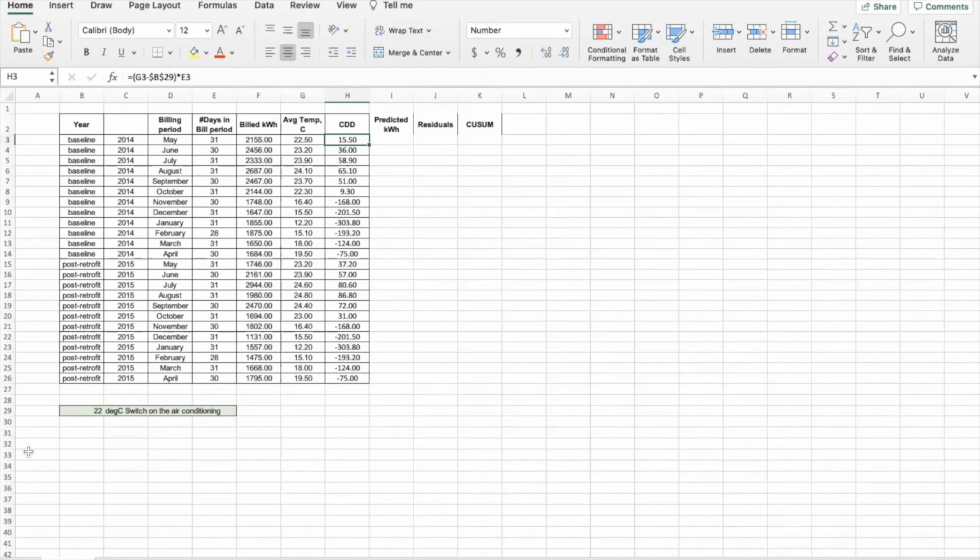But when the temperature goes above 22, let's say 23, you don't need to spend extra energy to heat up the building. So at that moment, the HDD will be 0. In the same way for CDD, if the temperature is below 22, we don't need to supply any energy to cool the building because the building has already been cooled by the atmosphere temperature. So do you understand what I'm trying to say?